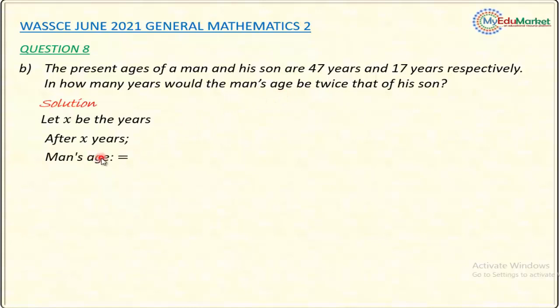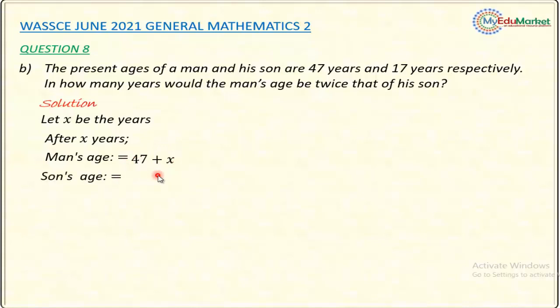In the question, 47 is the present age of the man and 17 is for the son. So the present age of that man is 47, but after x years the man's age will now be 47 plus x.